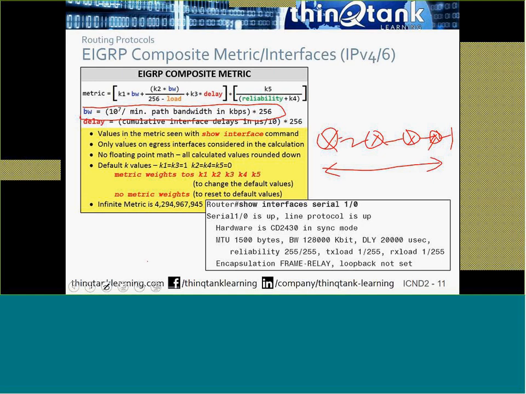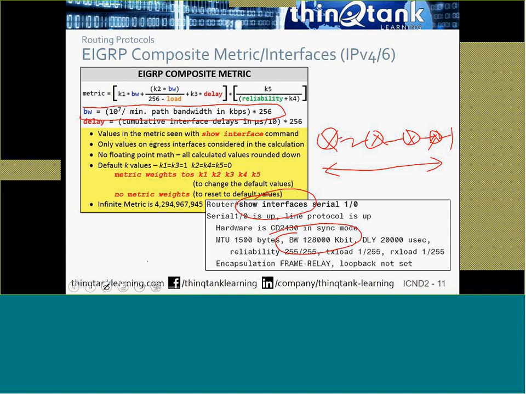Okay? Now, when we talk about bandwidth, remember we said this before, we're not talking about throughput. I'm not talking about congested links versus non-congested links. We're talking about a static value that is theoretical based on the interface. If you do a show interface, you can see the bandwidth value for the interface. That is the value that's used in the formula.